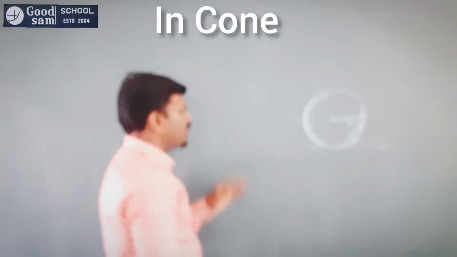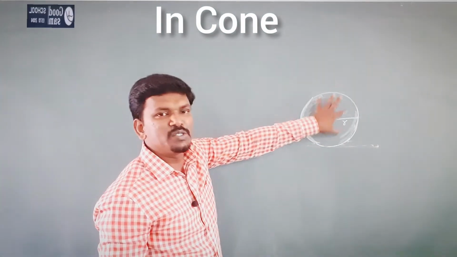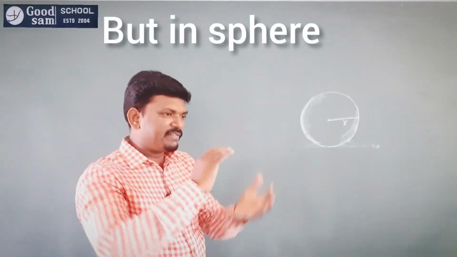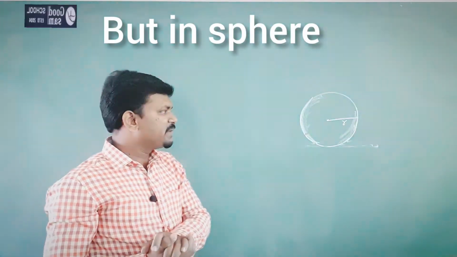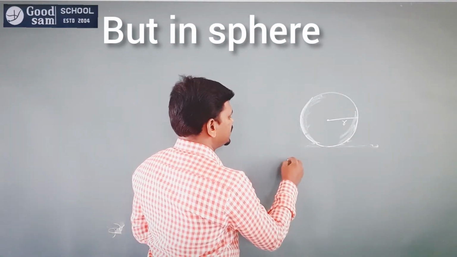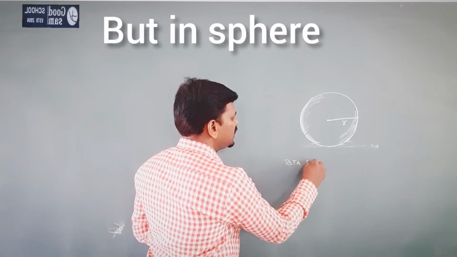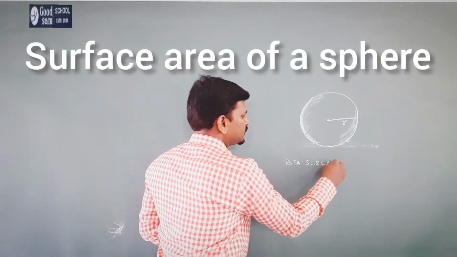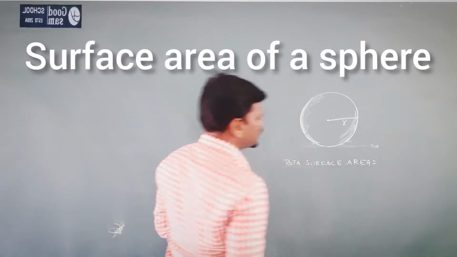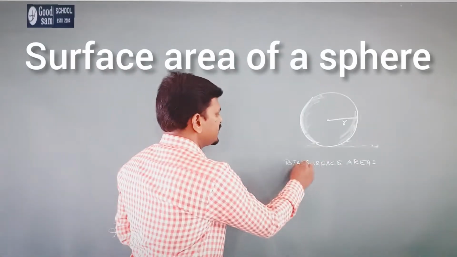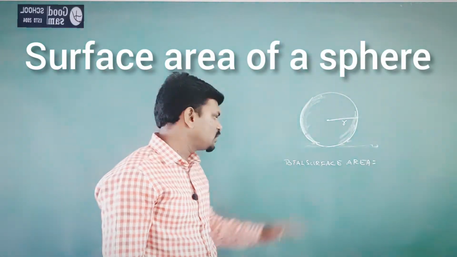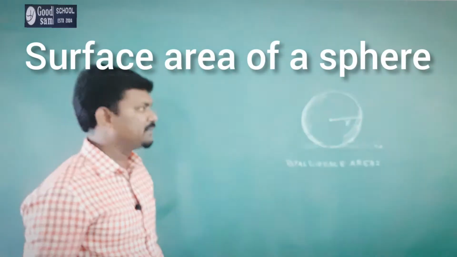So for a sphere there is no separate curved surface area, because in whatever way we look at the sphere, it remains the same. For a sphere there is only the total surface area, or simply the surface area. The surface area of a sphere, total surface area of a sphere, everything is the same.